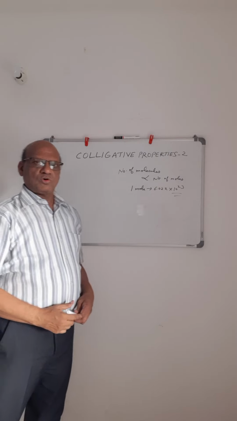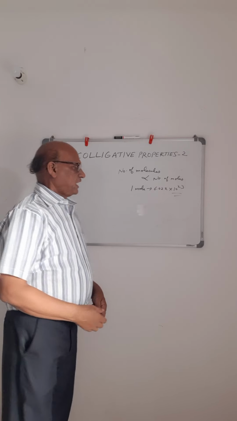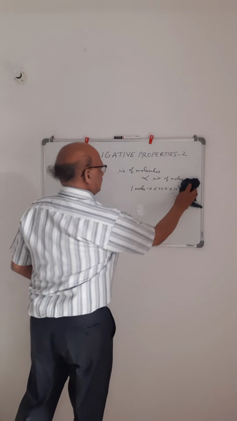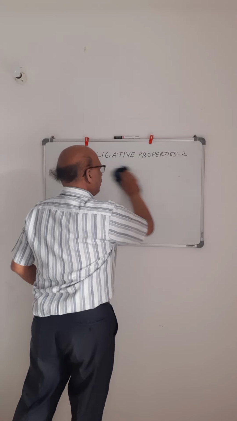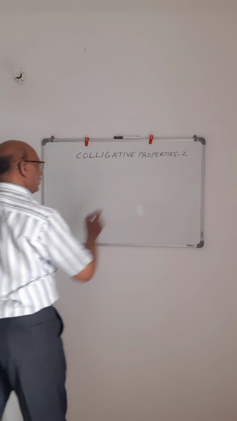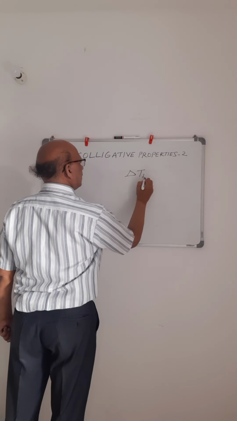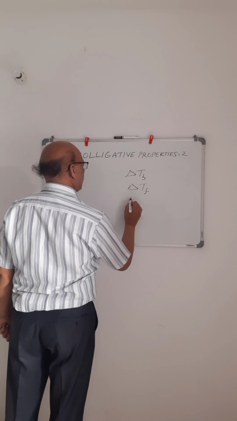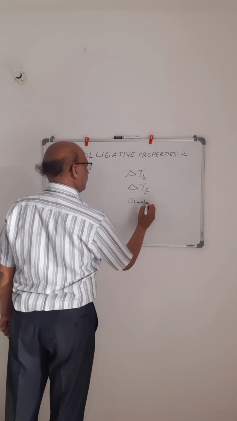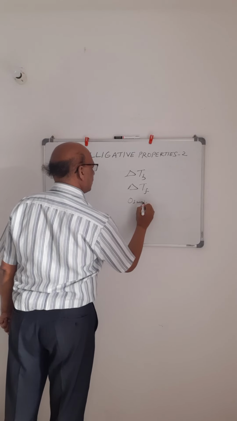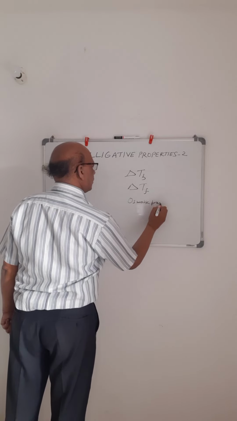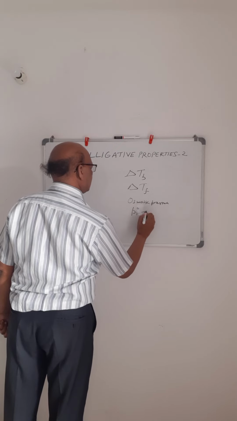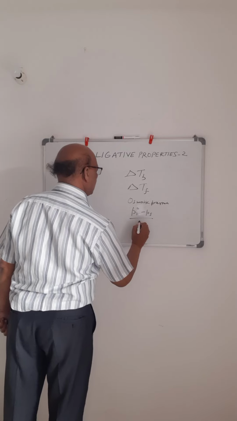So higher the number of moles, higher will be the number of molecules, and higher will be the value of colligative property, whether it is your elevation in boiling point, or depression in freezing point, or it may be the osmotic pressure, or it may be the relative lowering of vapor pressure, that is P1 naught minus P solution upon P1 naught.